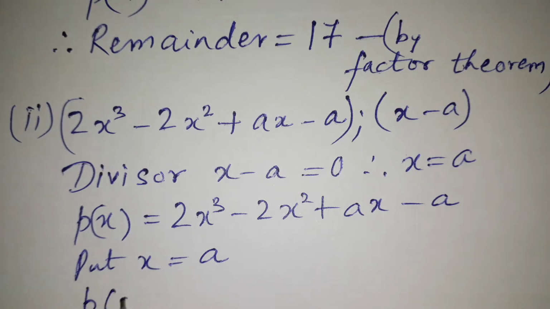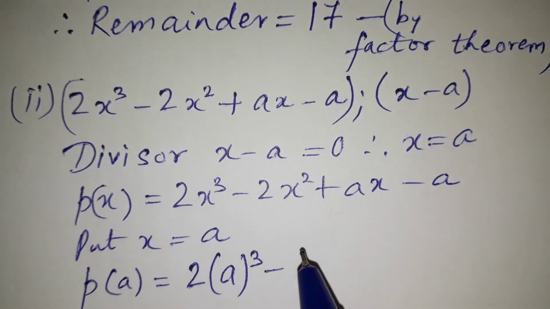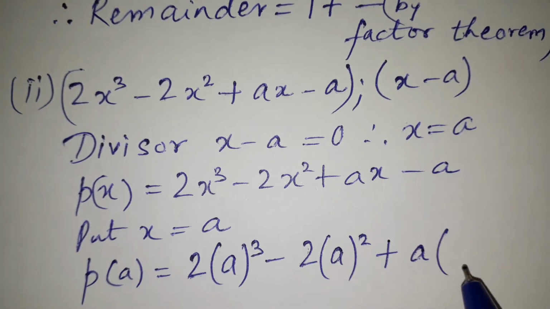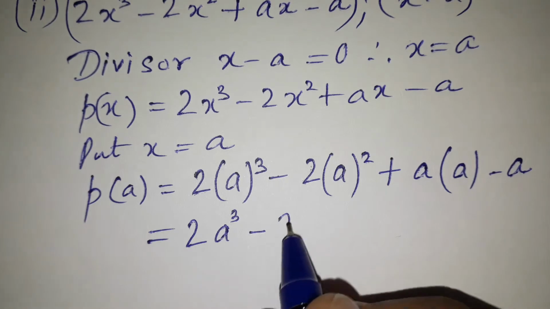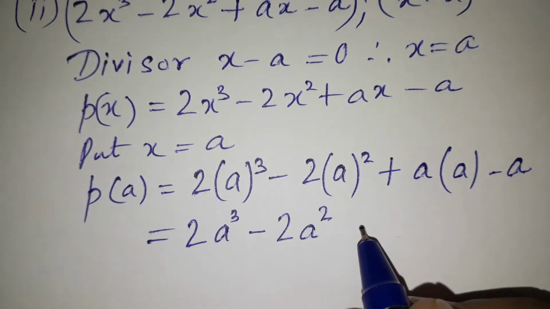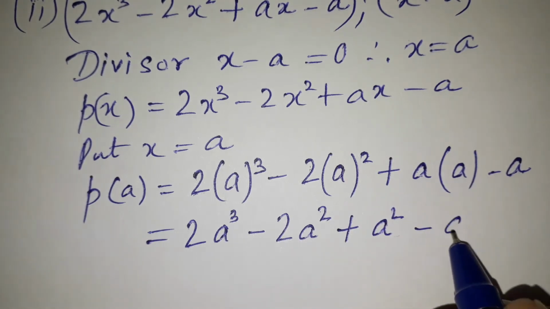So p of a is equal to 2a cube minus 2a square plus a into a minus a.